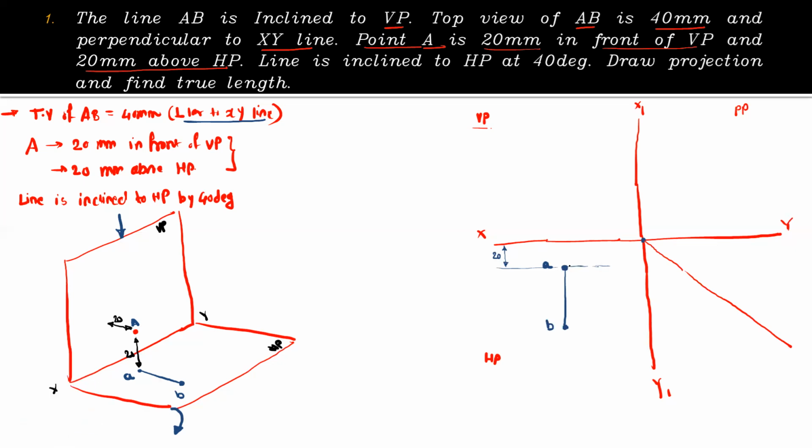So take the projector from the point A. Then take second projector from the point B. And from these 2 points, draw the projector on the profile plane, that is the side view. In your actual drawing, you have to draw this by continuous thin line.